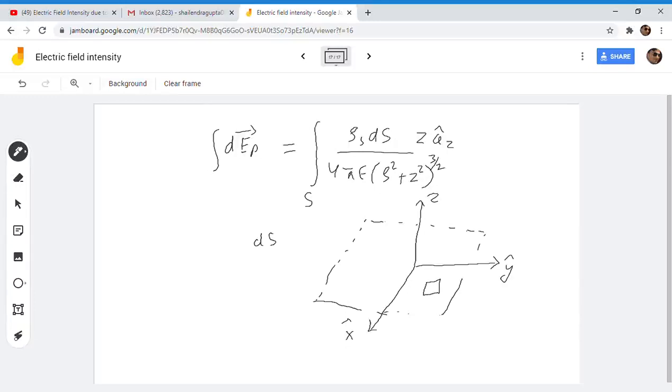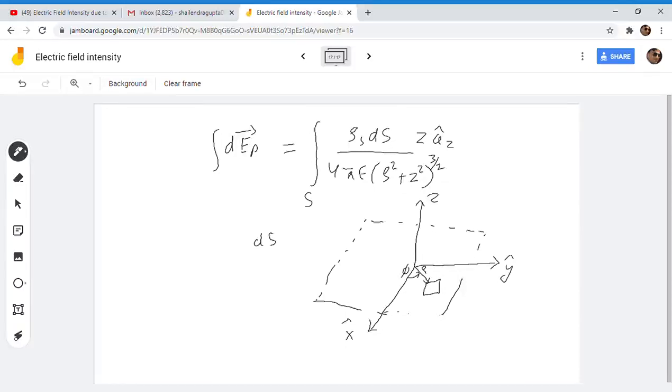So it is very obvious that this surface is not made of the z dimension. Z dimension is above the xy plane. This surface is in the xy plane. So the two dimensions making this ds are rho and phi.